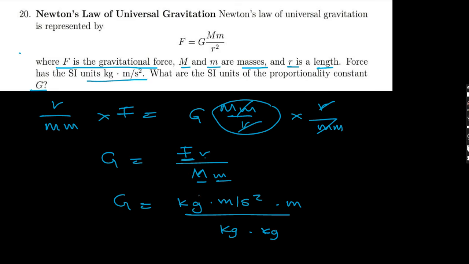So look at this, kg and kg are going to cancel. That means on top we're going to remain with meter per second square over kg, as the units of G.